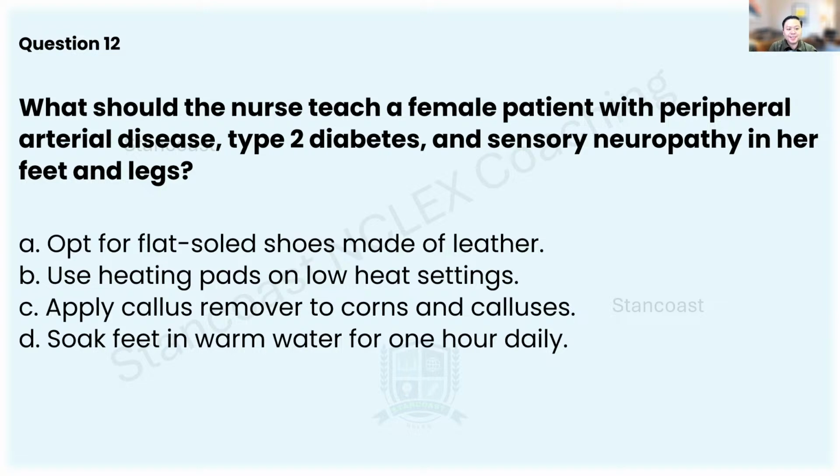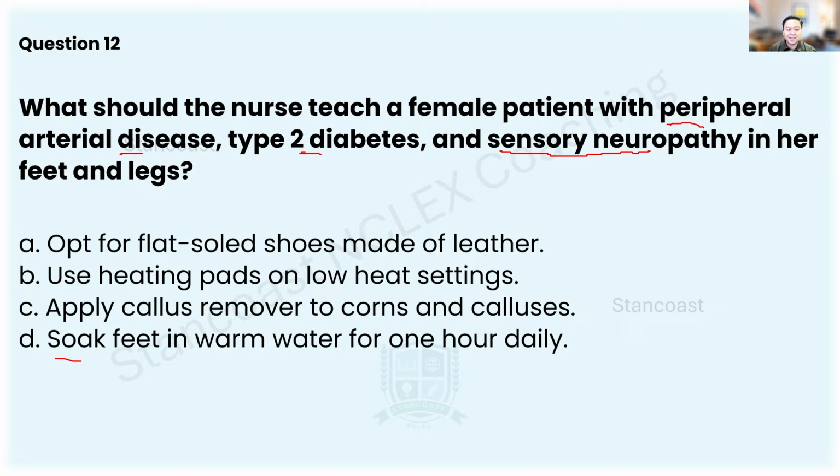Your patient has peripheral arterial disease, type 2, and has sensory neuropathy in both feet and legs. If you answered letter D, soak feet in warm water for 1 hour daily, what can this lead to?